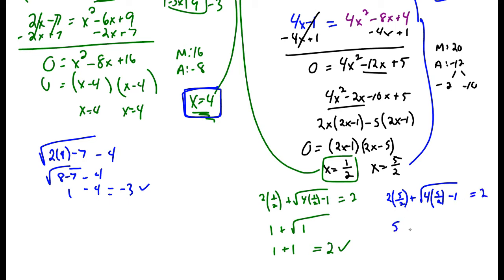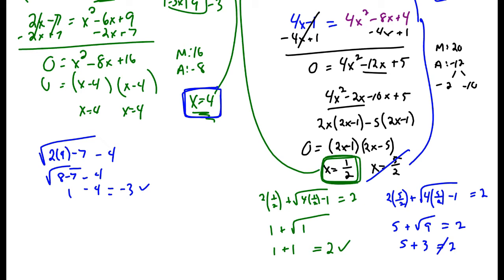Well, 5 plus, well, that's 20 over 2 is 10, minus 1 is radical 9. Does 5 plus radical 9 equal 2? Does 5 plus 3 equal 2? It does not, so we reject x equals 5/2. That is an extraneous solution. It solves the quadratic equation we got, but it doesn't solve the original. So our only solution here is x equals 1/2.